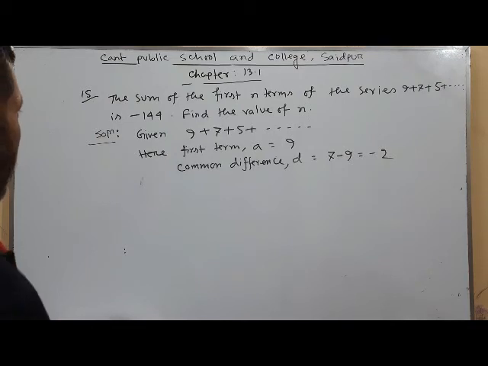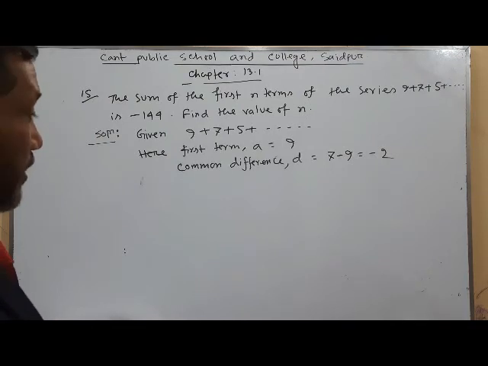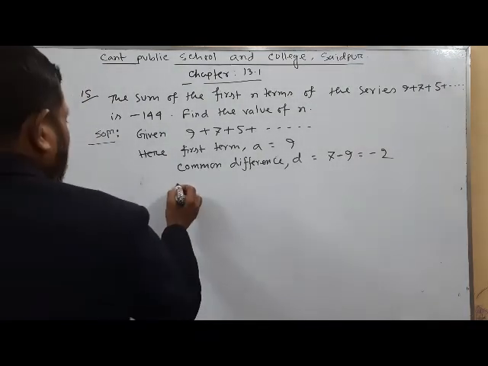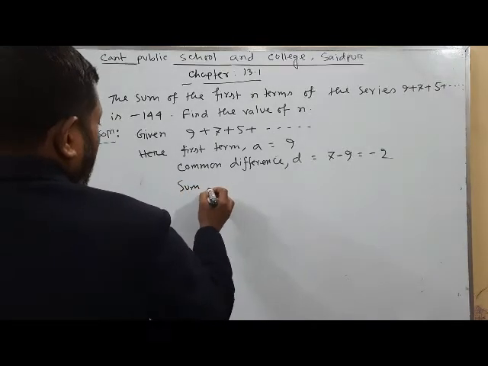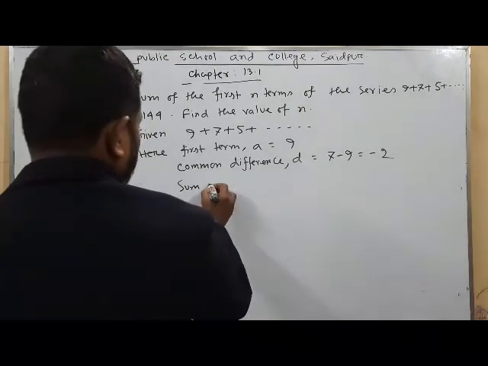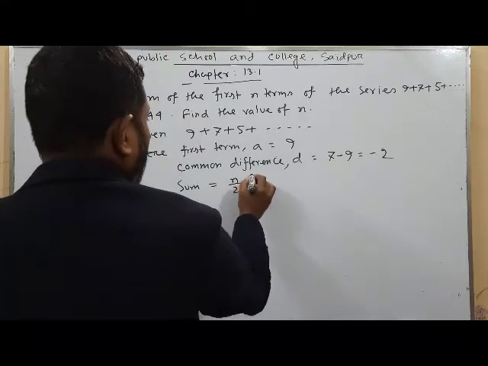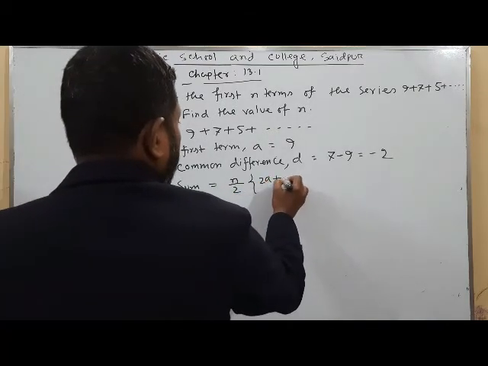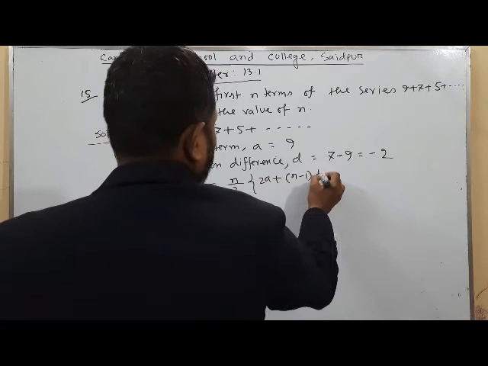So I want to find the sum of the first n terms of this series. The sum of the first n terms will be n by 2 times (twice A plus (n minus 1) into D).